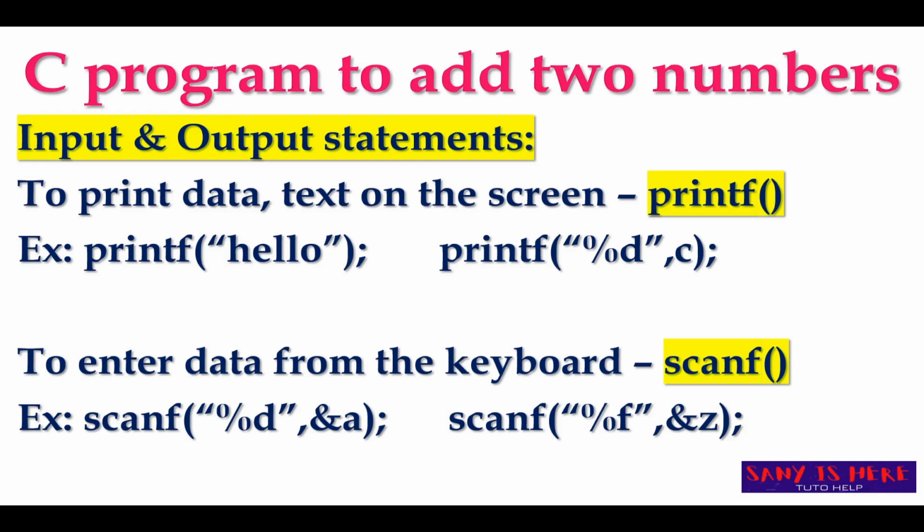If you want to print the integer value that is stored in C, you must write it as printf %d, C, which means C is of integer type you want to print on the screen. Got it? As you all know, %d indicates integer type of data.